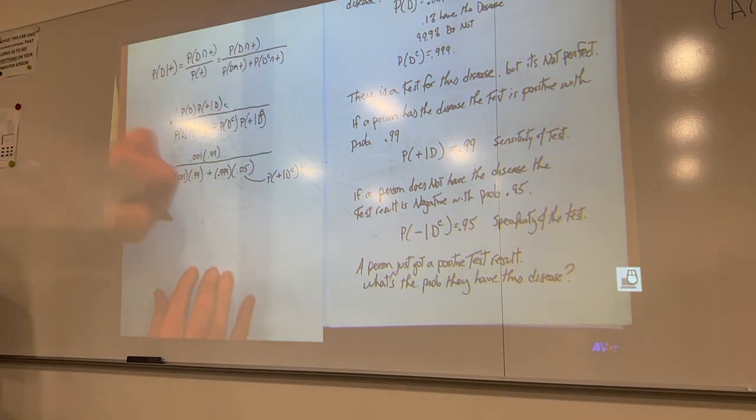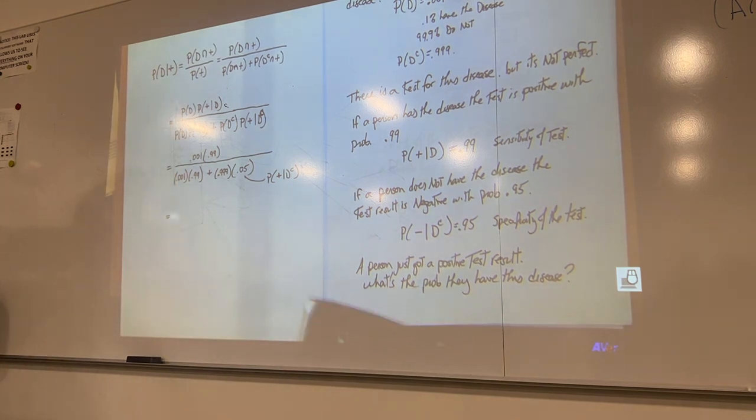Let's look at this and see what it says. Buckle your seatbelts for a second. 0.001 times 0.99 divided by 0.001 times 0.99 plus 0.999 times 0.05. Is anyone checking my work as we go?